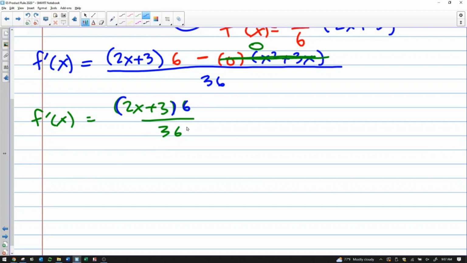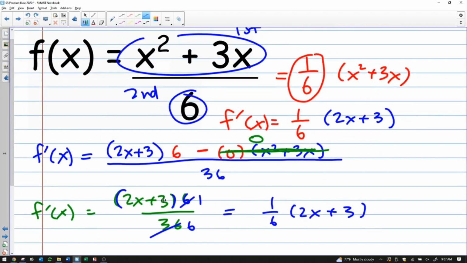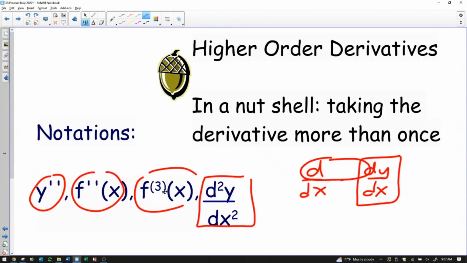And the 36 is being multiplied by everything because it's by itself. So this becomes 1/6 times 2x plus 3. And was that the same answer I had when I had pulled out the 1/6? Yes. So again, if you use the quotient rule and you didn't have to, you still won't get it wrong. So there's no reason to worry. You just need to worry that you did the product rule or the quotient rule correctly. That's it.